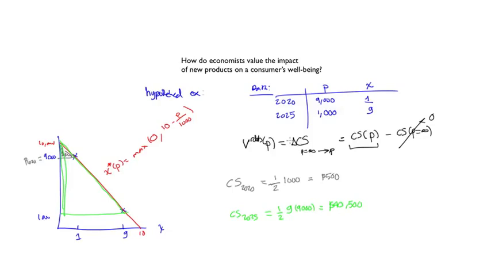The second is that it's interesting to compare the difference in the consumer surplus across dates versus the total sales per consumer. Notice that in both cases, total sales are equal to $9,000.